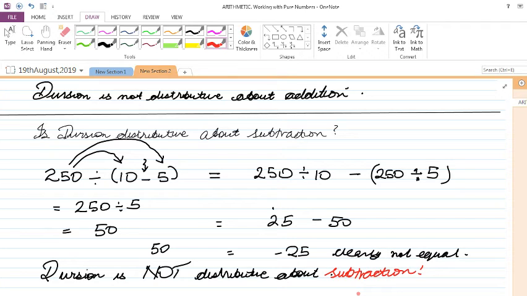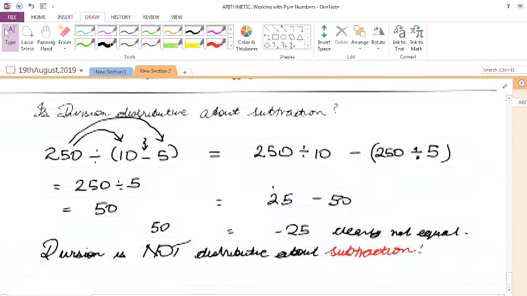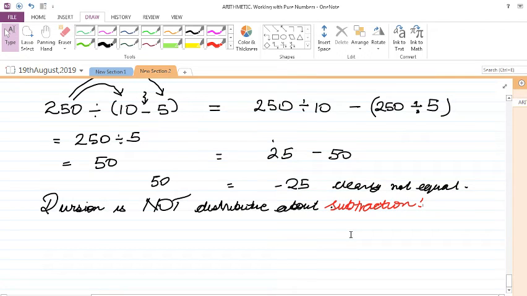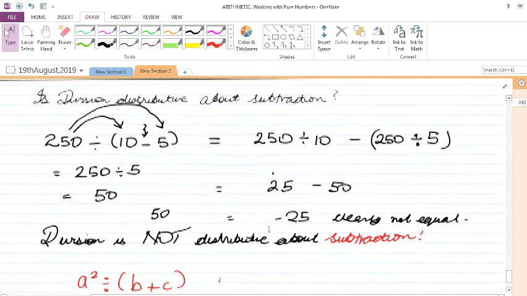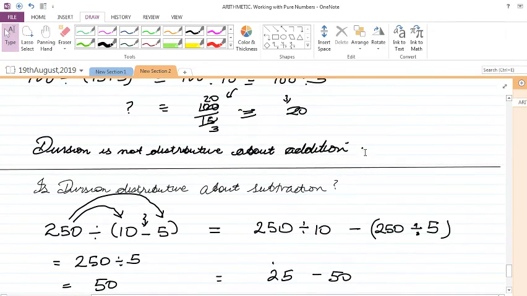When working problems, if I have, in algebraic form, a squared divided by b plus c, to simplify, what you cannot do, because it's addition here, but this is division, and division is not distributive about subtraction, neither is it distributive about addition.